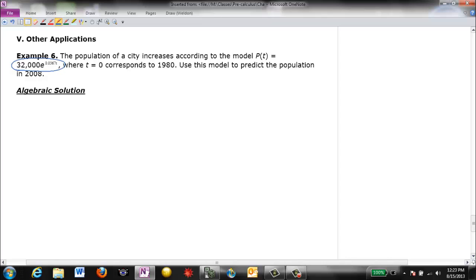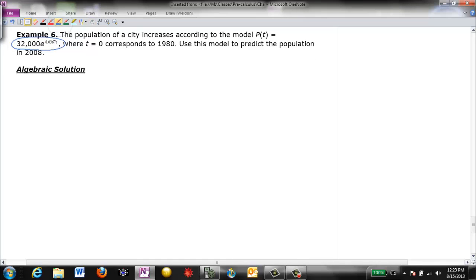The population of a city increases according to this model P of t, where t equals 0 corresponds to 1980. We want to use this model to predict the population in 2008. If we assume it's in the same format as PERT, then we know that the initial population of this city is equal to 32,000.